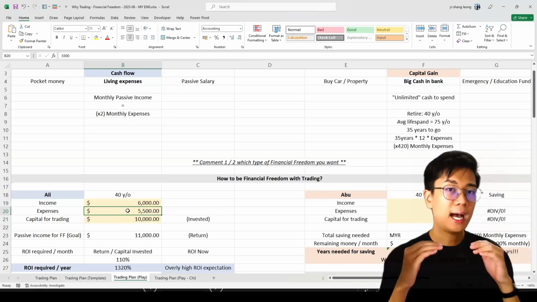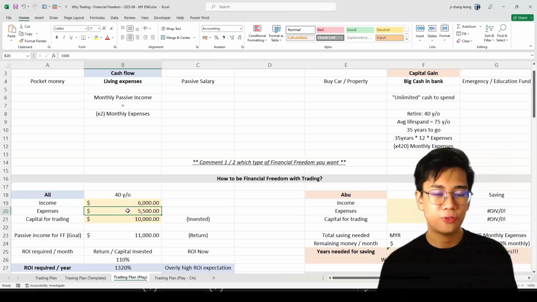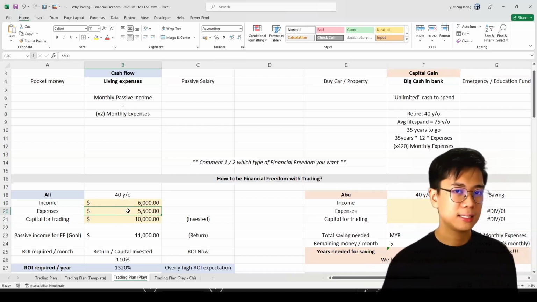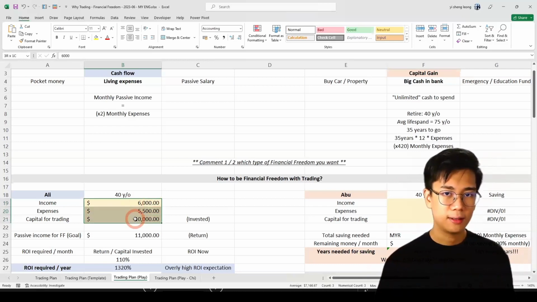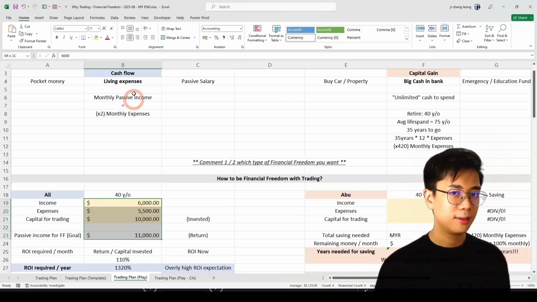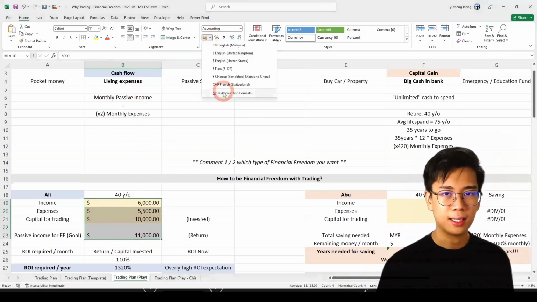Hence, the target you aim for to be financially free is that at least, bare minimum, you have to earn 5,500. Now, is this ringgit or dollar? This is definitely ringgit lah.